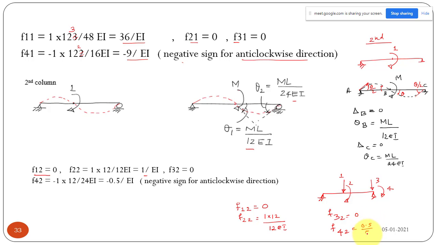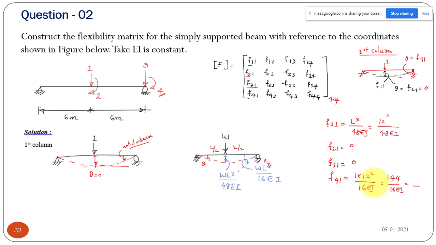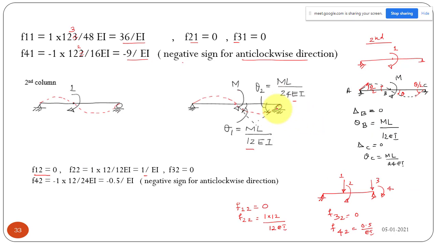Okay. The given coordinate direction is clockwise, but due to this loading at this support, we will have an anti-clockwise rotation. The rotation coming at that point is anti-clockwise, because we are applying a clockwise moment at the center, so this section will have sagging. So this will be an anti-clockwise rotation.